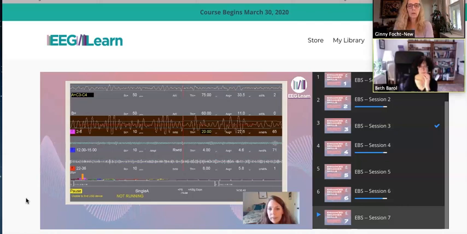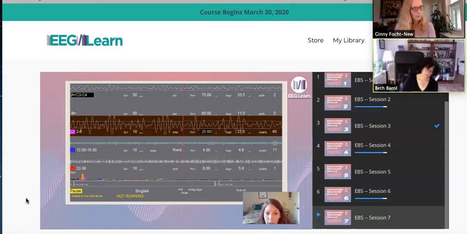So again, I'm going to use the same strategy of treating the reward threshold like a floor, in microvolts, that I don't want that activity to fall below. Then the inhibit band that we're not as concerned about, we'll treat that like a ceiling. We don't want that activity to go much above.